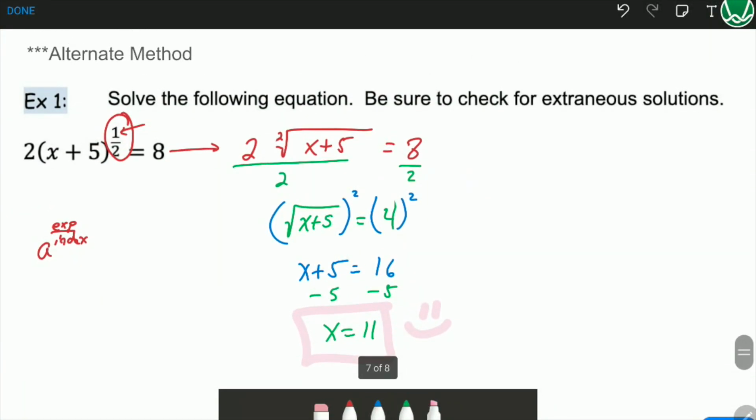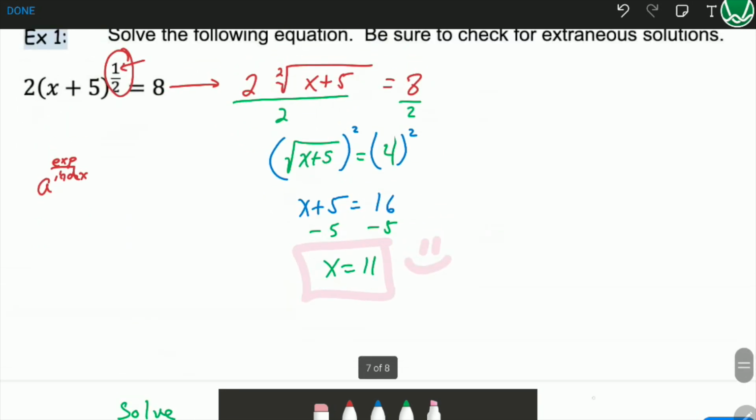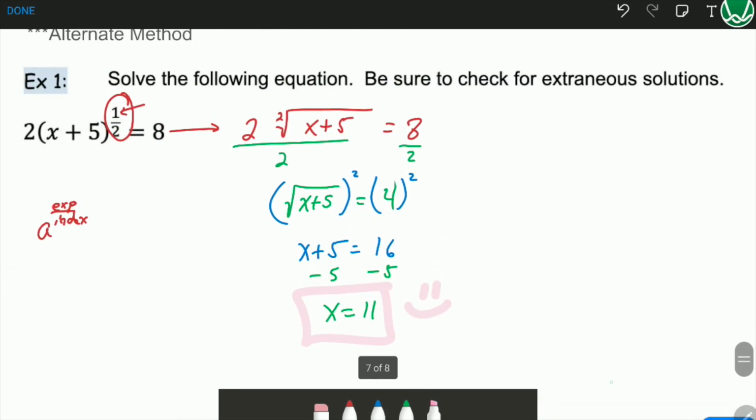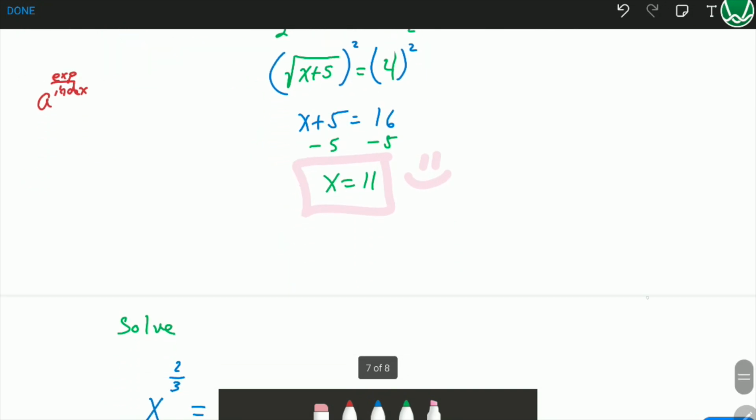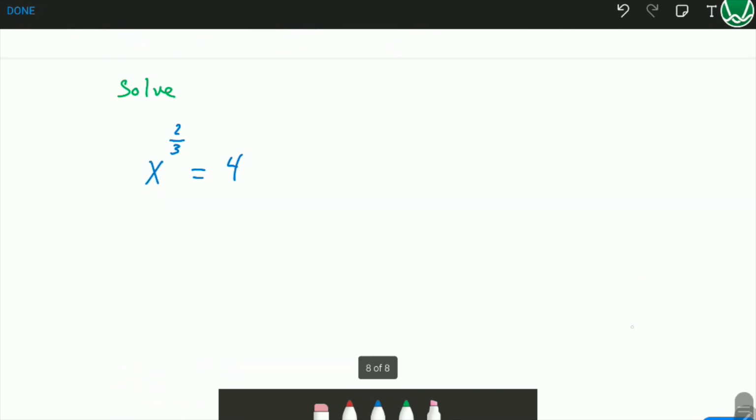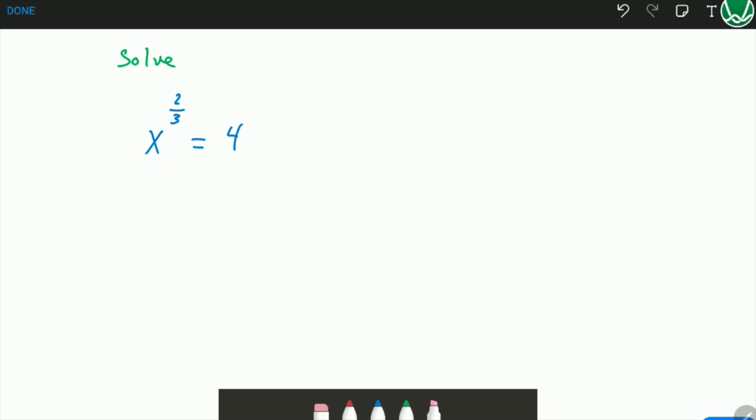Now, this method can always work. It's more just a matter of personal preference. However, this brings about an important reminder. So this equation is actually a very simple equation, but if we were to solve this in either method, raising both sides to the 3/2 power to get rid of the exponent, we have to be very careful of something that happens here.